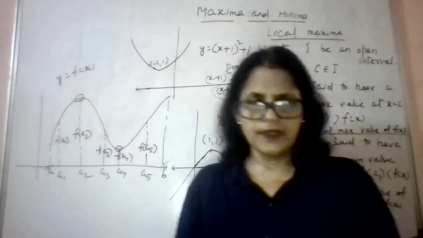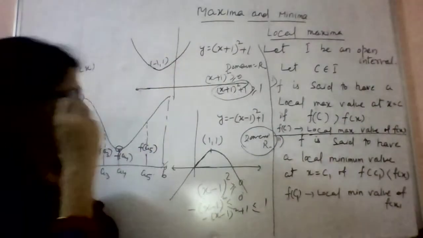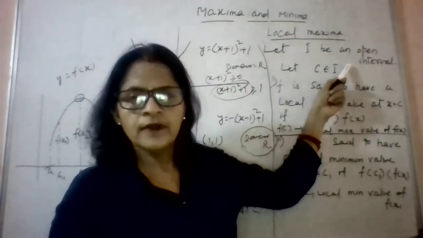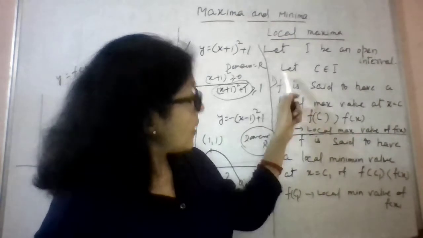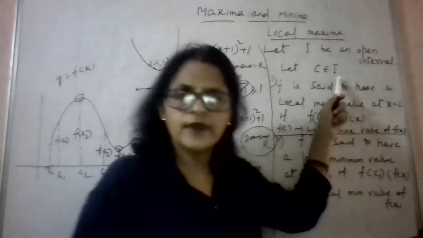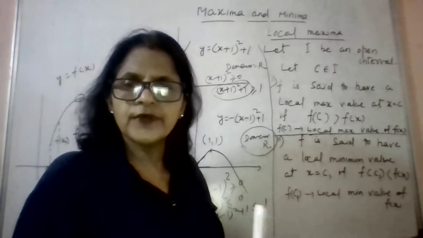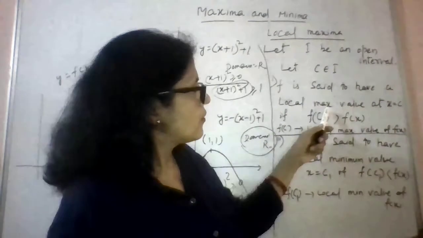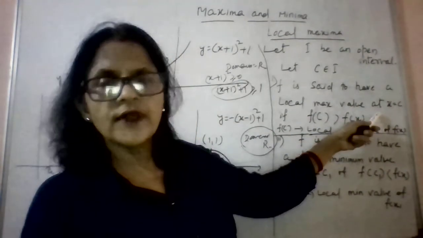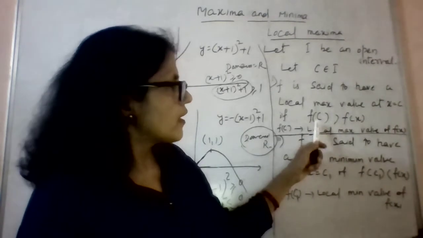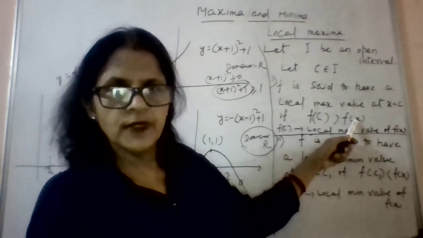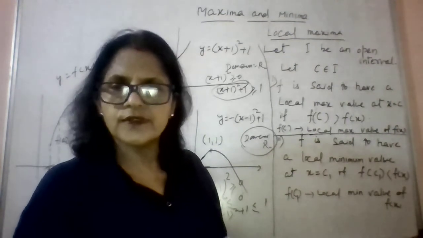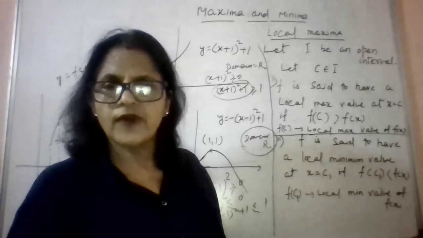Now the formal definition of local maxima. Let I be an open interval, and let us take c belongs to I. It means let us take any point within the open interval I. f is said to have a local maximum value at x equal to c if f(c) is greater than f(x). It means of all the values in the interval I, at x equal to c, f(x) attains maximum value.